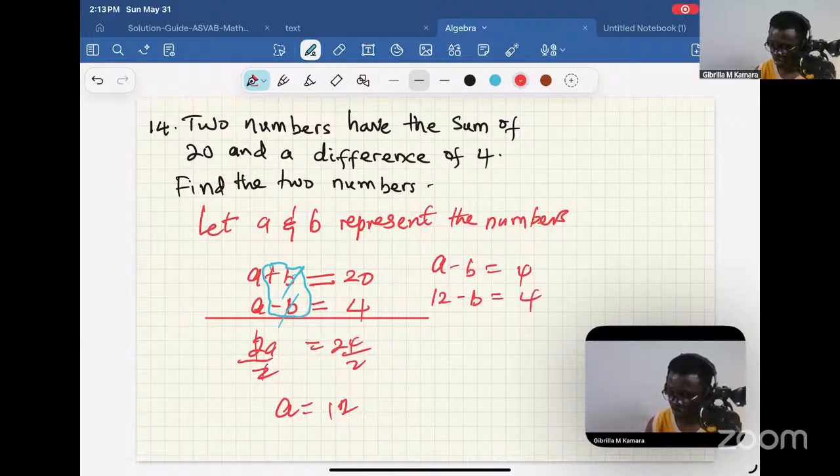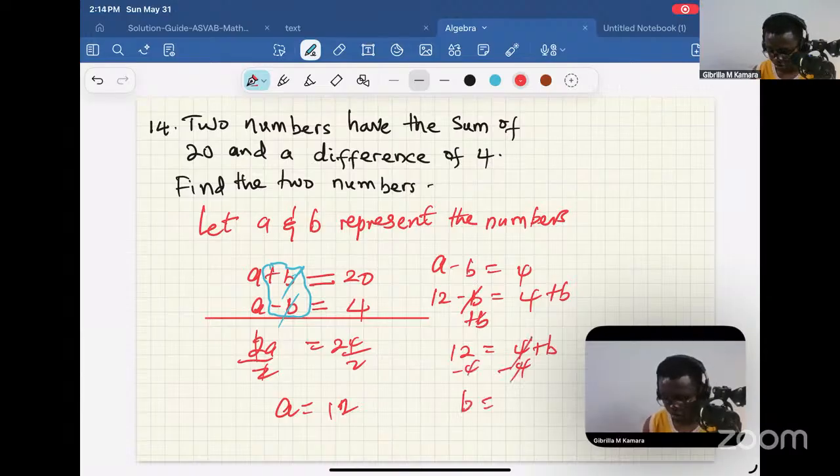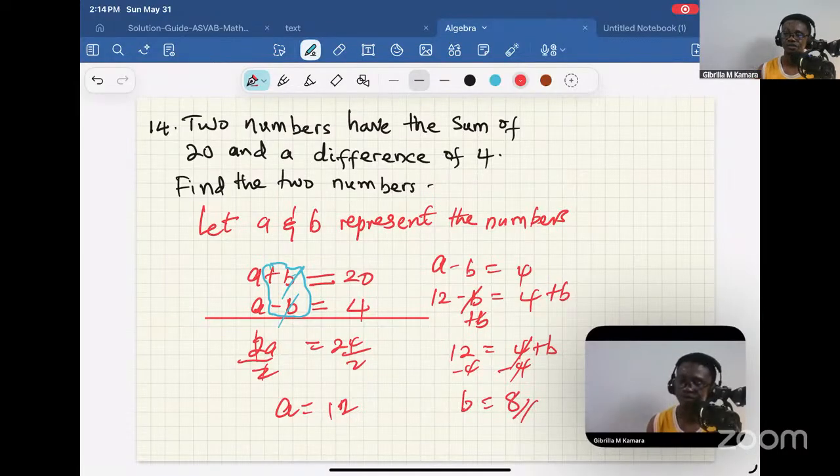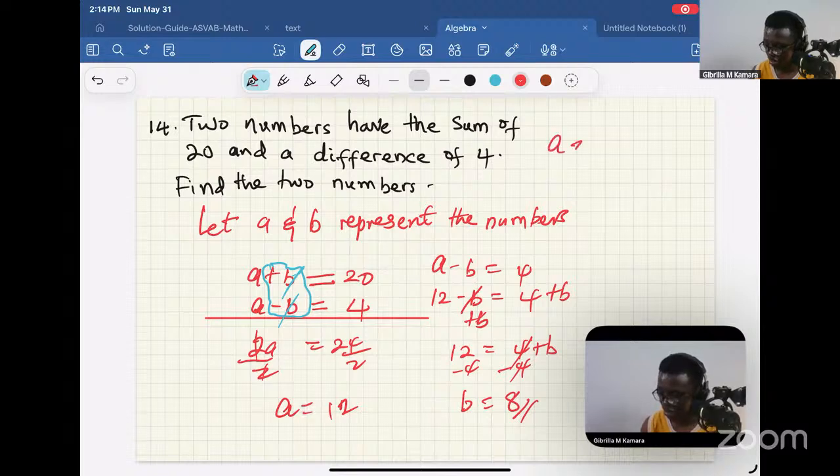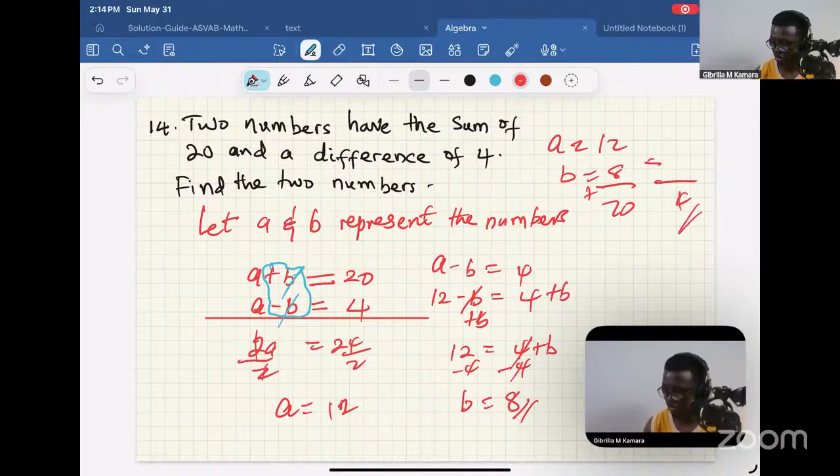If you add B here, then plus B, this and this goes, you're left with 12 equals 4 plus B. Then minus 4, minus 4, this and this goes. So your B is equal to 8. Now if you check, A is 12, B is 8. If you add, this is 20. If you subtract, this becomes 4, as the question says.